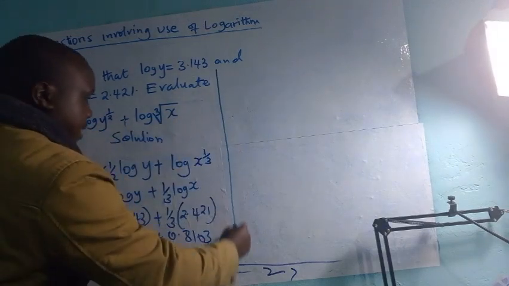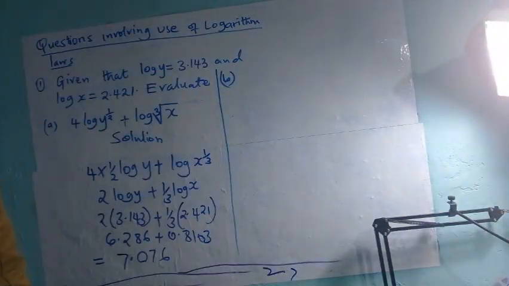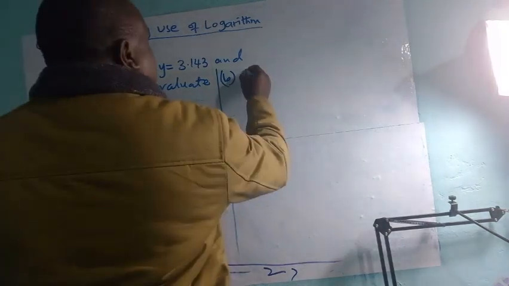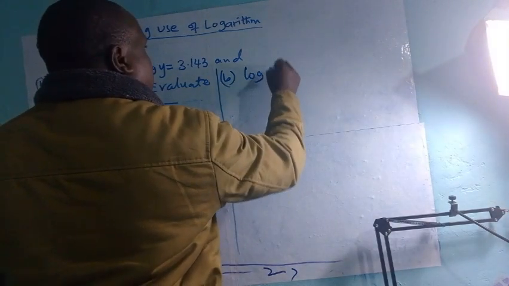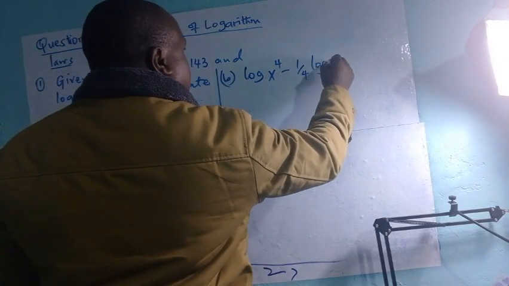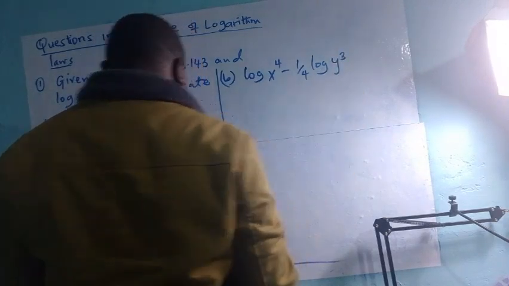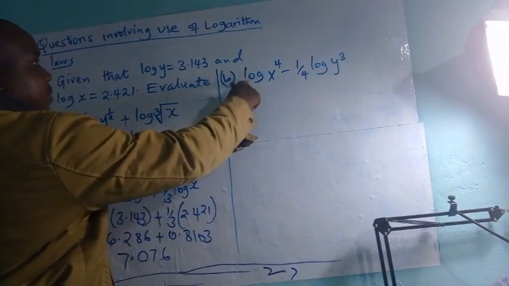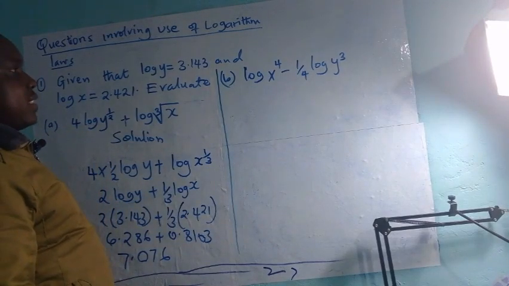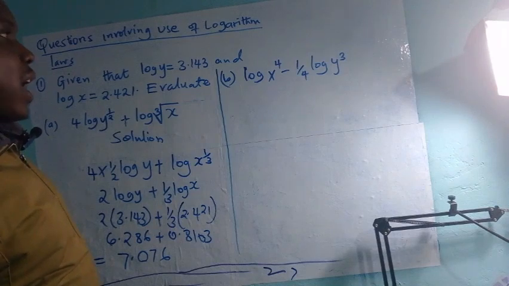So I want to do part B. Part B is log x raised to power 4 minus a quarter log y raised to power 3.